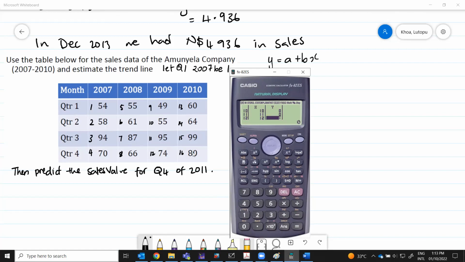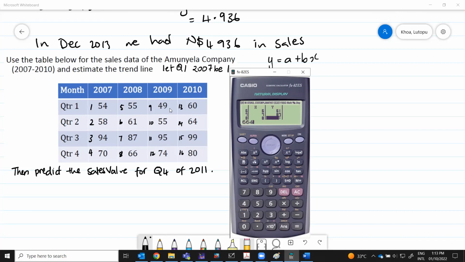Then for my y values, I have 54, 58, 94, 70. Then I have 55, 61, 87, 66.